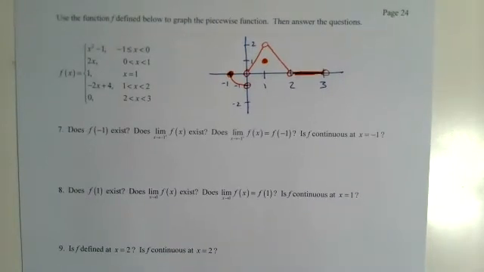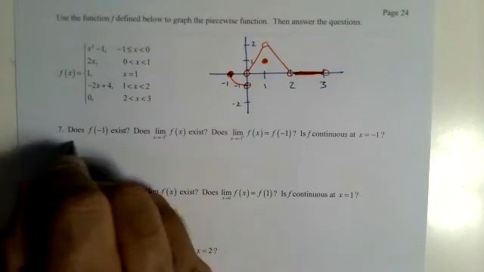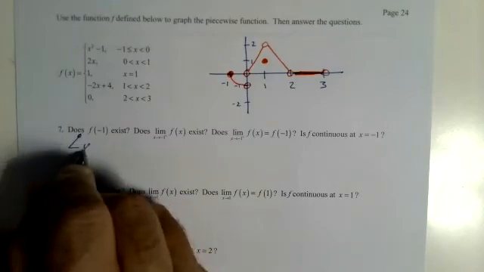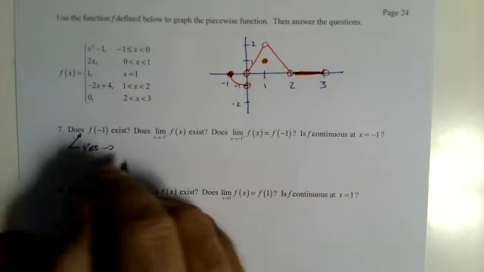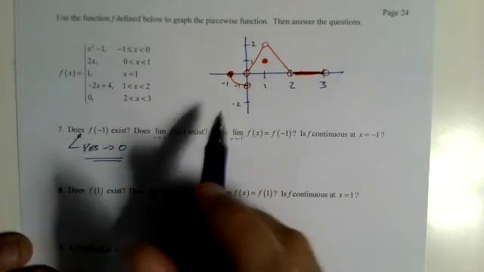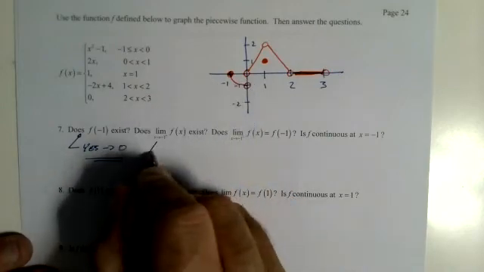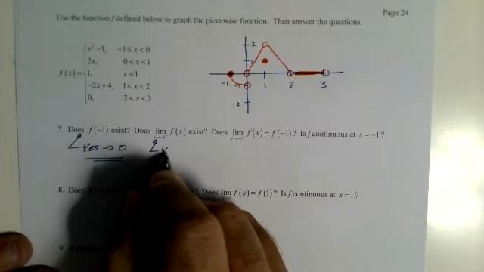Cool. So does f of negative 1 exist? Yes. And it's 0. Does limit as x approaches negative 1 from the positive side exist? Yes. Also 0.